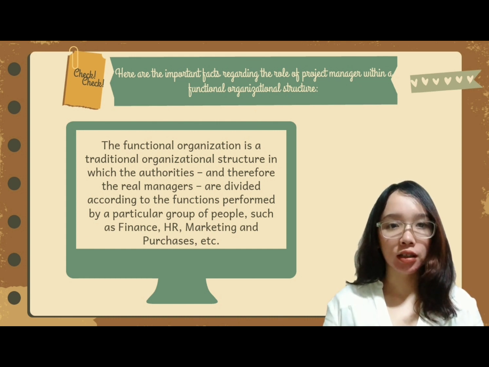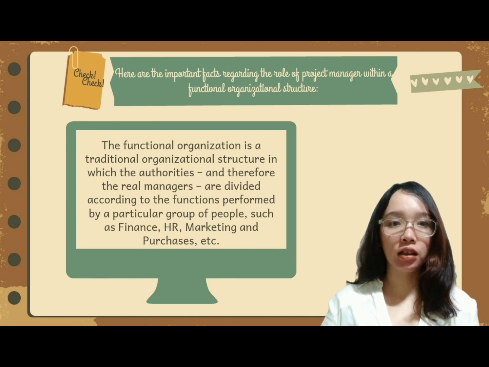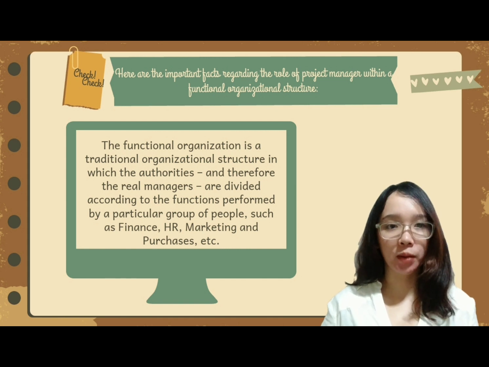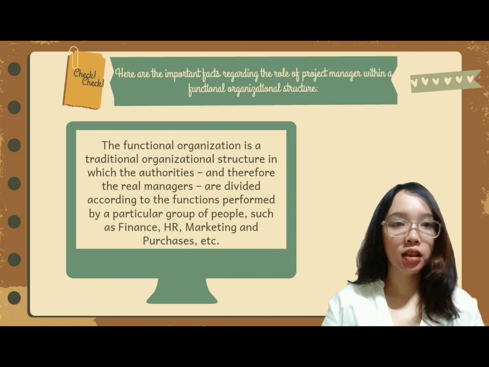The functional organizational structure is a traditional organizational structure in which the authorities, and therefore the real managers, are divided according to the function performed by a particular group of people, such as finance, HR, marketing, and purchases.